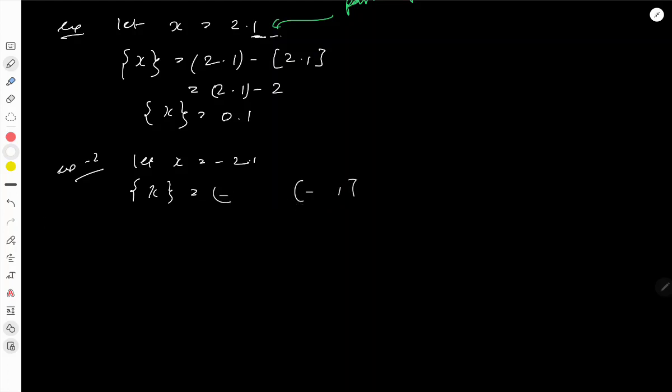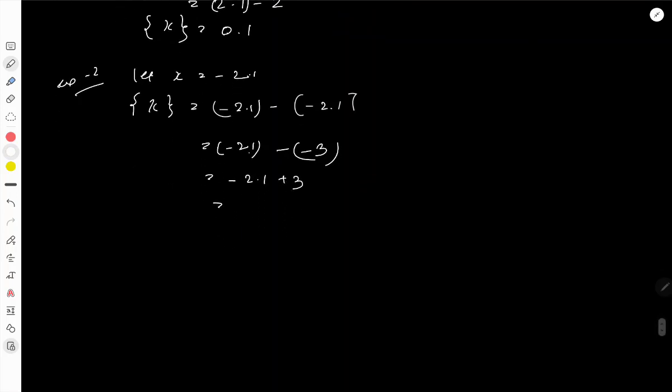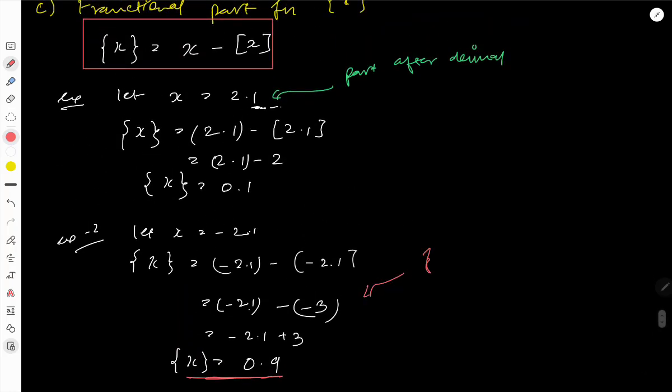We have seen earlier that box of minus 2.1 is -3, and there's a minus going outside. So now minus 2.1 plus 3, that is 0.9. So the fractional part of x has changed for negative numbers.